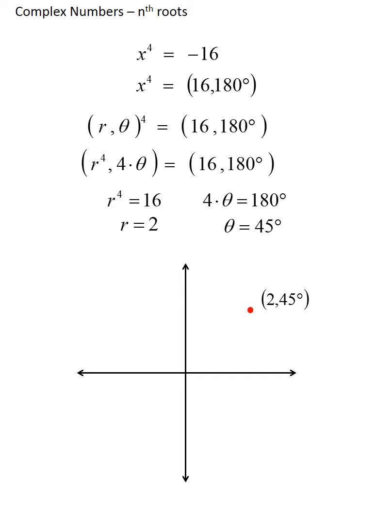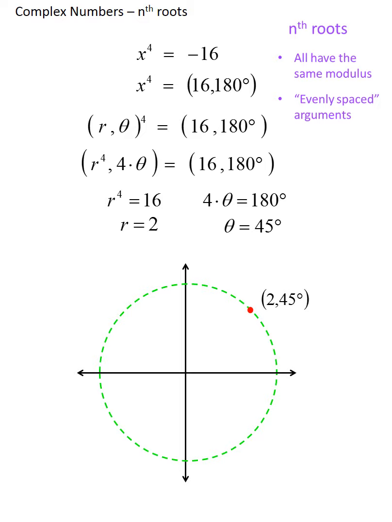So plotting the point that's 2 spaces from the origin at a 45-degree angle tells me where one of my fourth roots is. But again, as discoveries have shown, all of the fourth roots of negative 16 must have the same modulus. That means they all lie on this circle of radius 2. And again, because they're evenly spaced, I know where the other ones are.